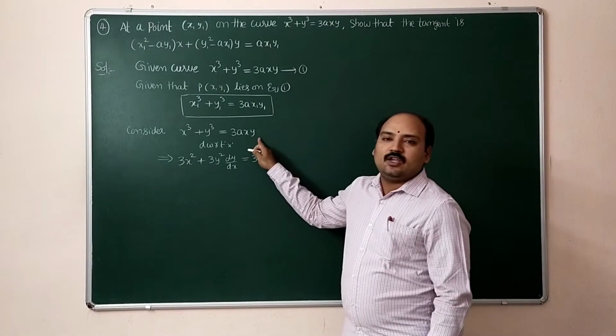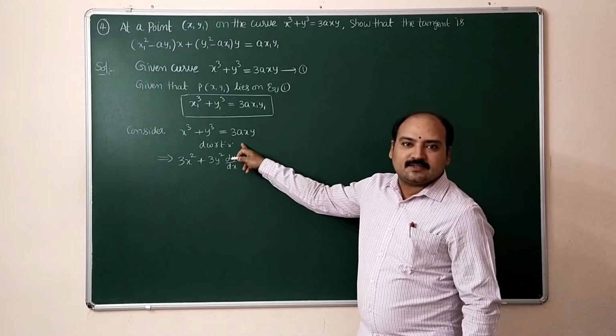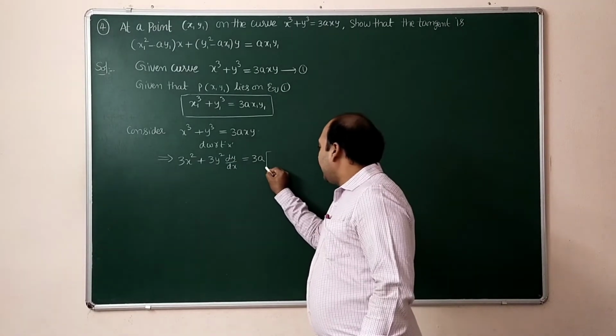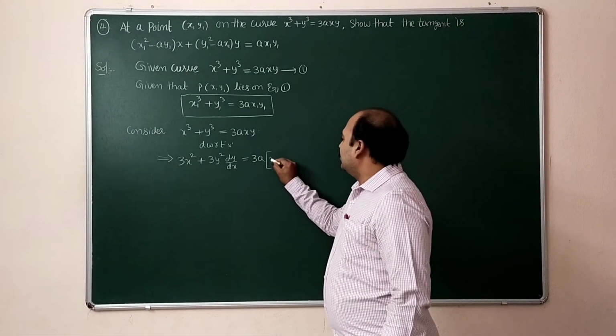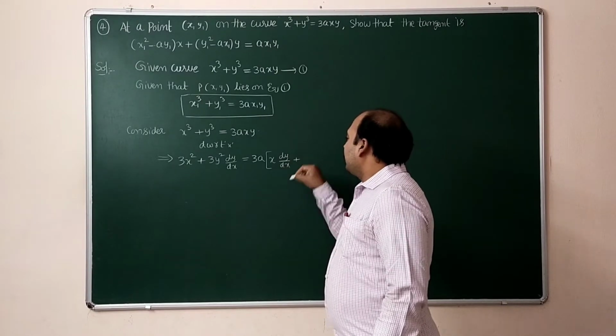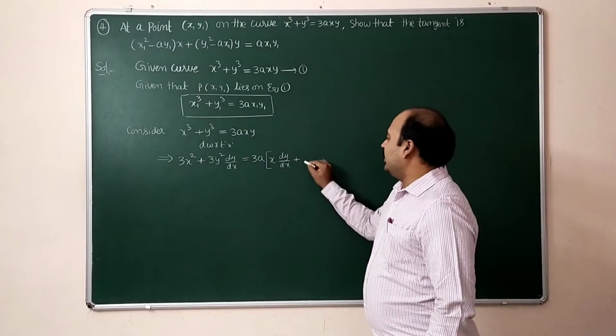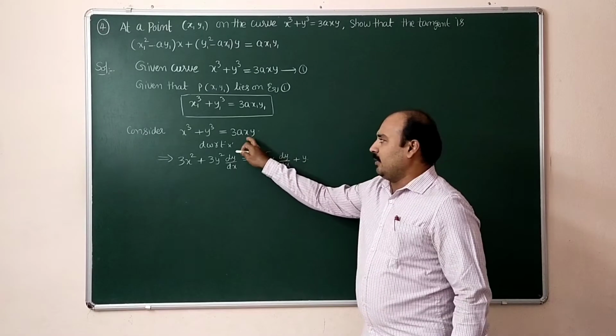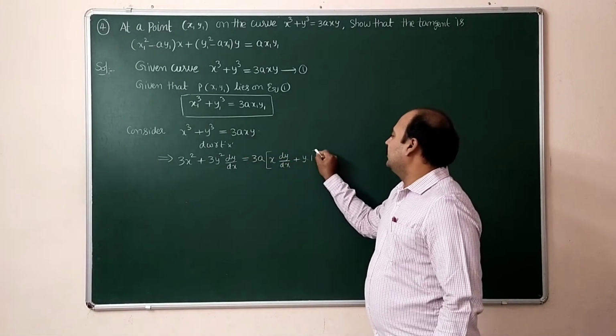Here you can apply the uv formula. u is x, v is y. So keep bracket: x into dy by dx, plus y into d by dx of x, which is 1.